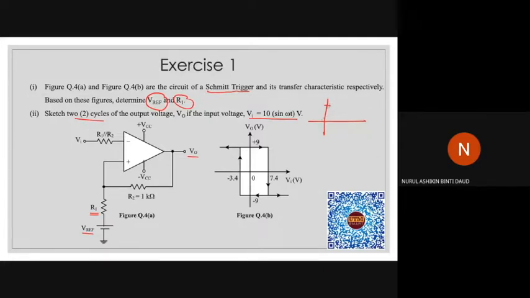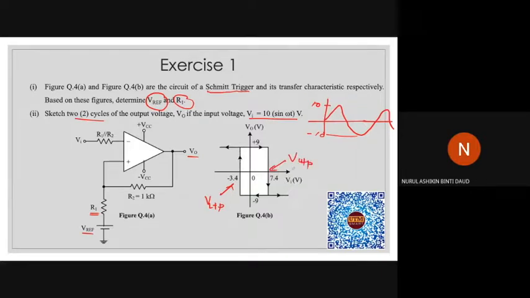So the amplitude is 10, so the input will be 10 here, and down here is also minus 10. Another information you can get from this figure is the UTP and LTP values: this is the VLTP value, and this is the VUTP value.